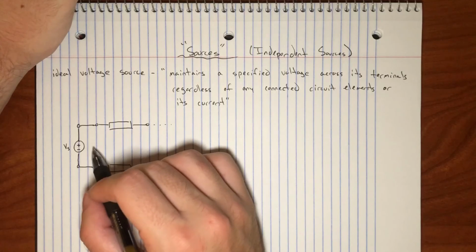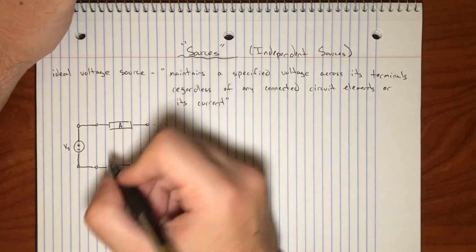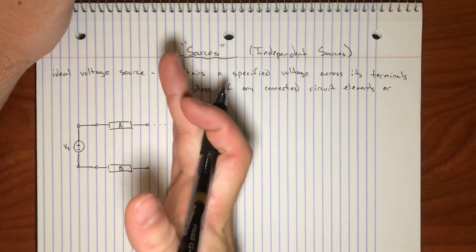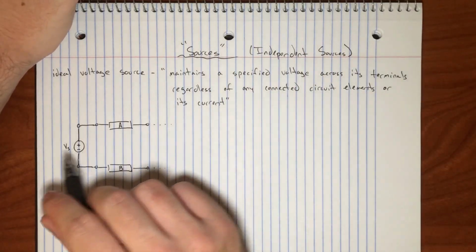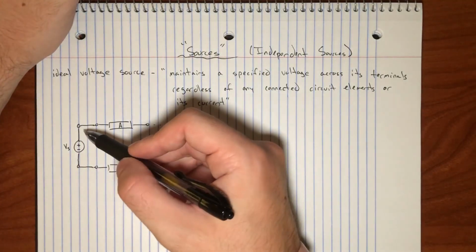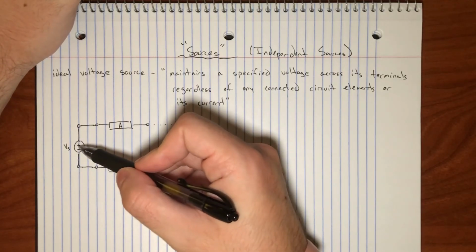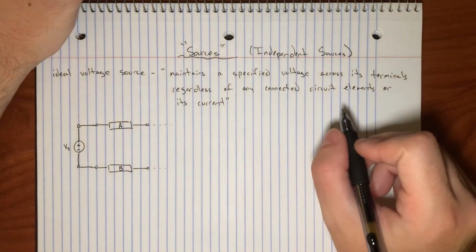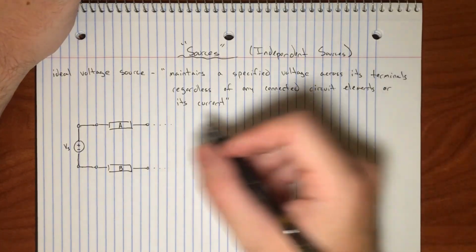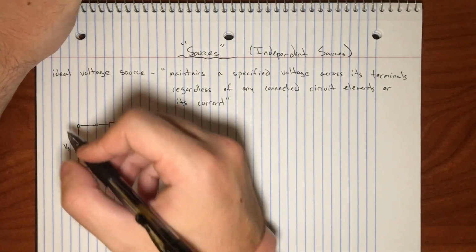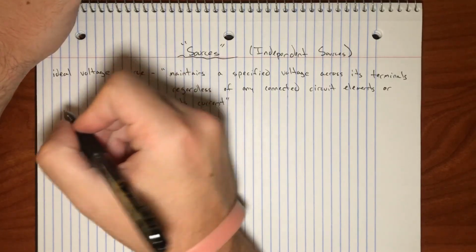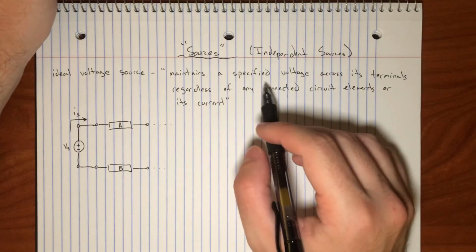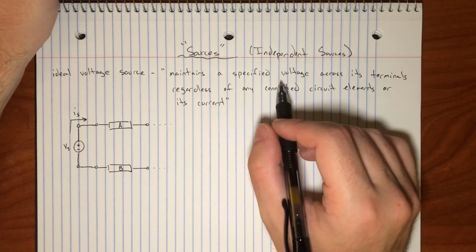It does not matter what element A and element B are, and it does not matter what comes after element A and B. This could be absolutely anything. If this is an ideal voltage source, the voltage from this node to this node across the source will always be V sub S, the specified voltage. And another part of this definition is that V sub S will remain the specified voltage regardless of the current that flows from the source. You could really say these two different specifications are the same thing.